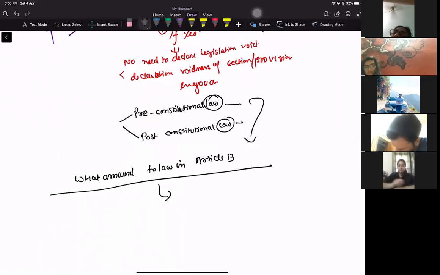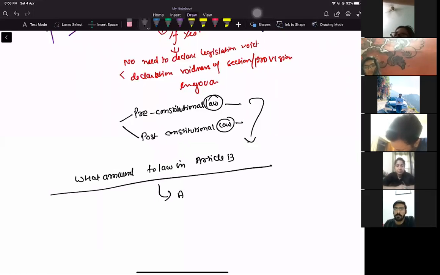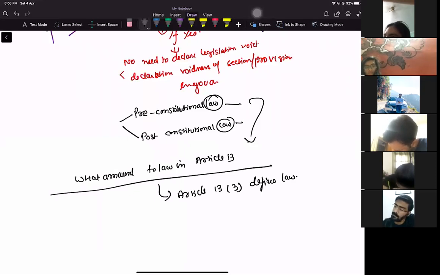Article 13 clause 3 defines law. And this definition is very exhaustive.